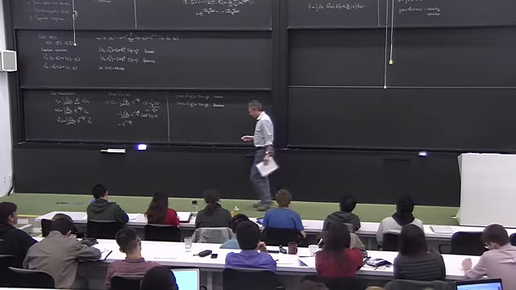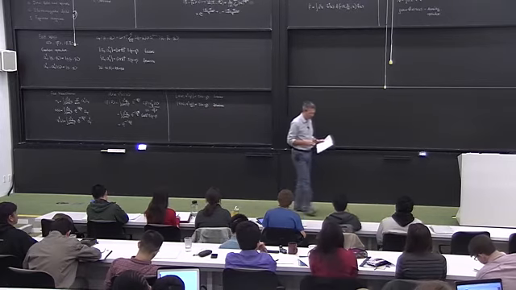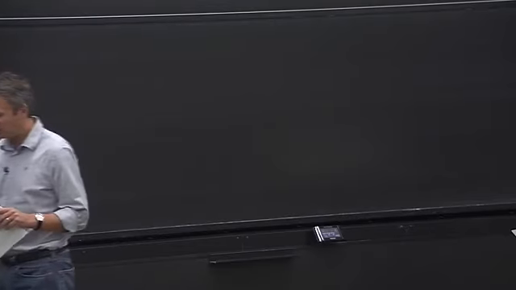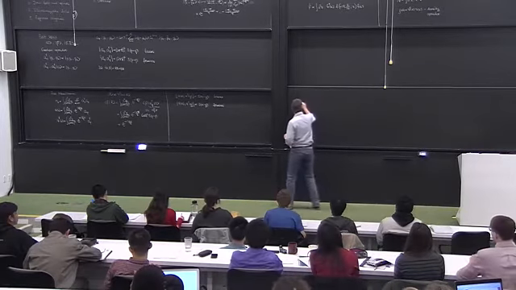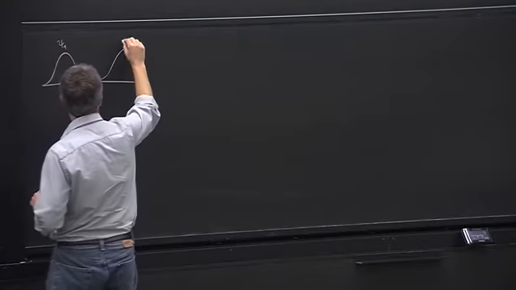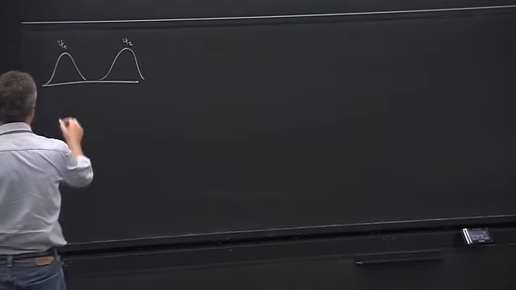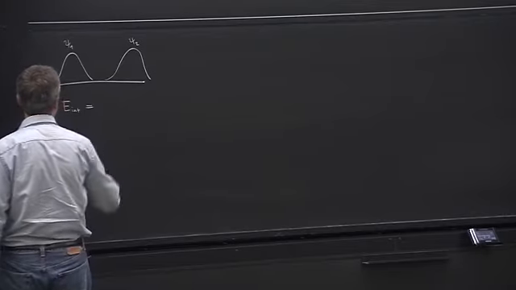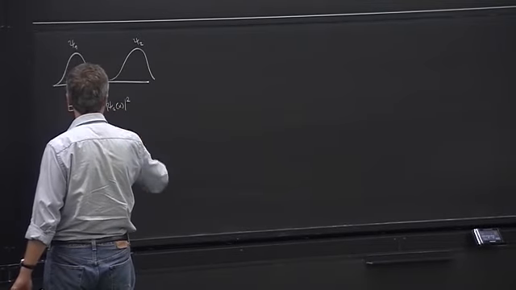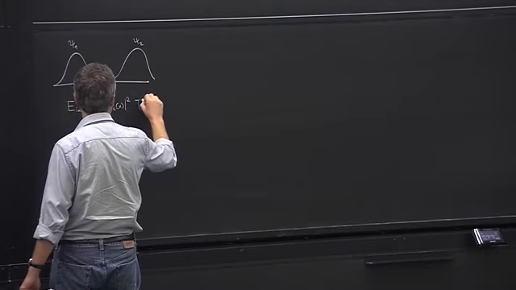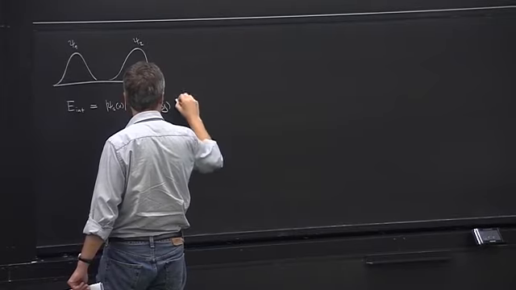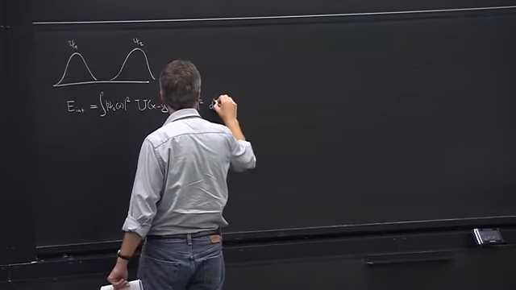If you consider just two particles and the interaction between them, where each particle is described by some wave packet, the wave packet of particle 1 and the wave packet of particle 2, then the interaction energy will be equal to psi1 of x squared, then the potential of interaction, and then the probability to find the second particle at point y, and then we integrate over x and y.